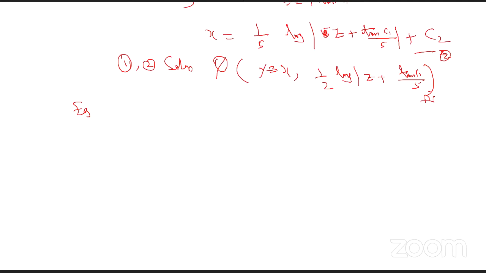Example 12.4.4. Solve x square minus yz into p plus y square minus zx into q equals z square minus xy.